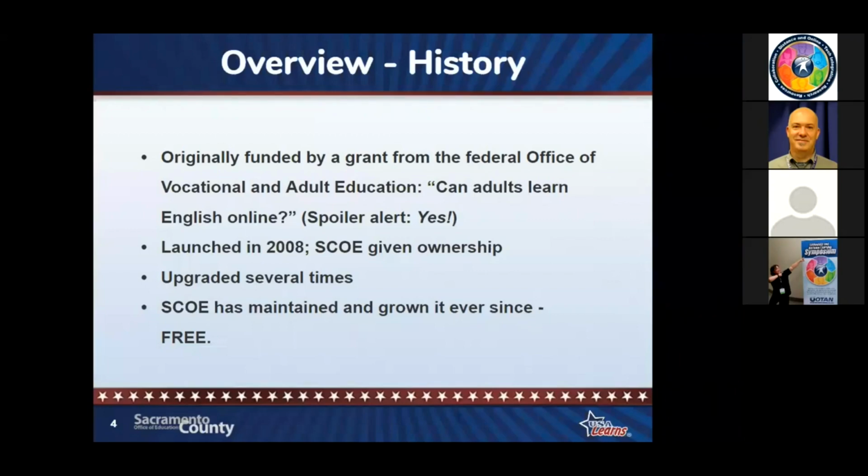And at the end of the grant, the federal government gave the Sacramento County Office of Education ownership of the site. And I'm so happy they did, because it's really been a labor of love for us to keep it up and alive. And we've been able to upgrade it several times. And we've even had the opportunity to add several new courses. And I'm very happy to share with you that it will always be free as long as I'm around, and I think it always will be free.